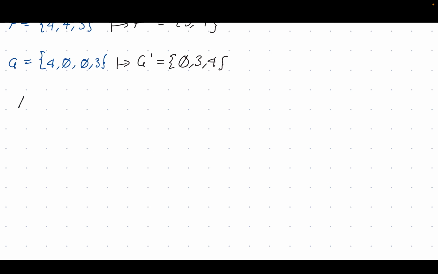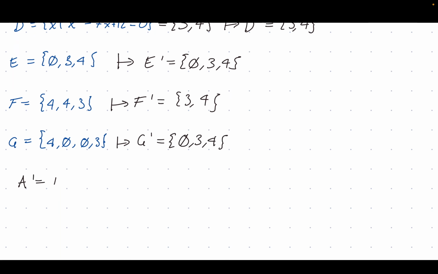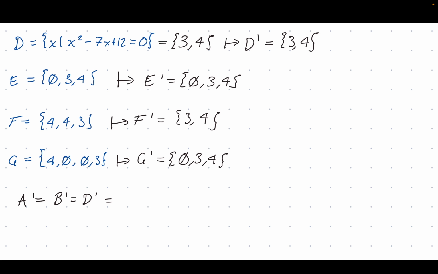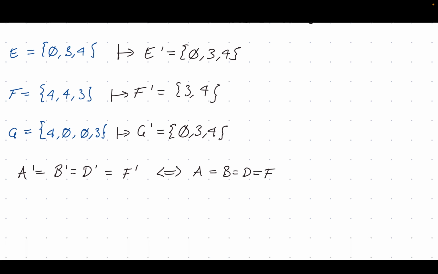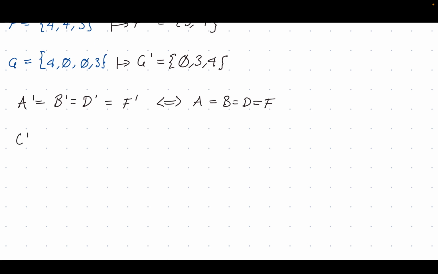So A prime equals B prime equals D prime equals F prime, and since A prime is equal to A, B prime is equal to B, and so on and so forth, A is equal to B is equal to D is equal to F. And by the same logic, C prime is equal to E prime is equal to G prime, which holds if and only if C is equal to E is equal to G.